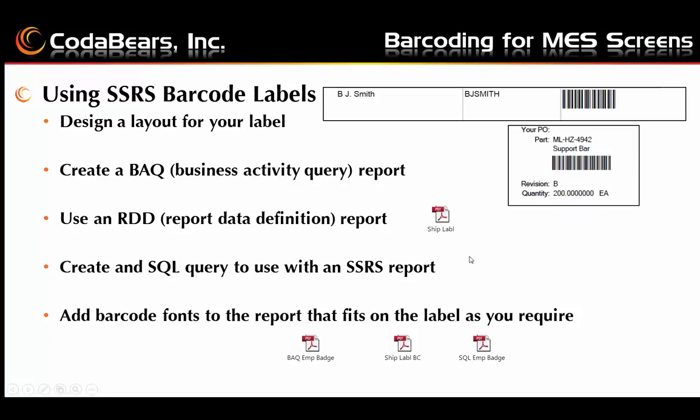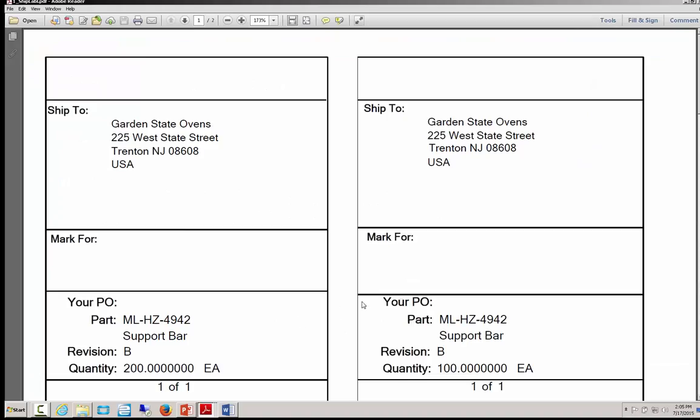Then I'm going to actually open my files that show the examples listed here of using a BAQ, an RDD, or an SQL query to design your SSRS barcode labels. So first I'm showing an example of a shipping label that is the standard shipping label SSRS report used in Epicor 10.